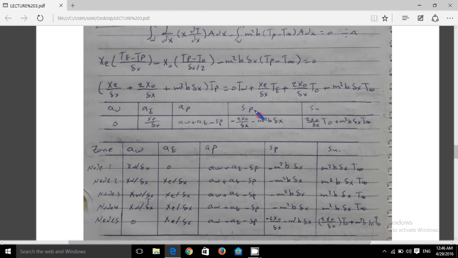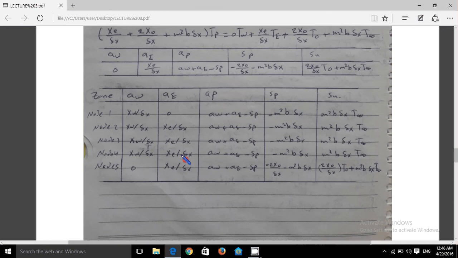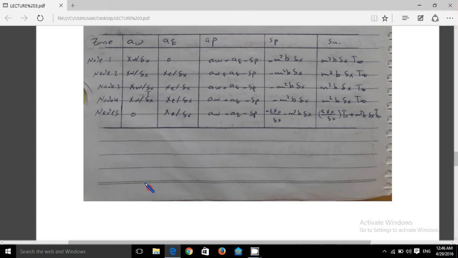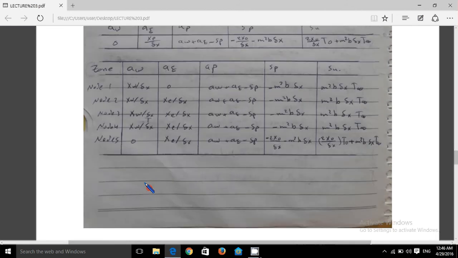Then I will assemble it in a table, and then I will assemble all the tables that I have into one table. This is nodes 1, 2, 3, 4, and 5. I assemble all of this in this table, and I will substitute its numbers. So at node 1 I have x west to its, and I have delta x which is equal to 0.02, and a point I can find by a west plus a east minus Sp.